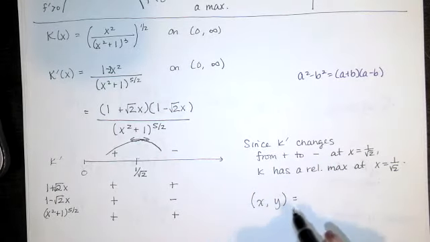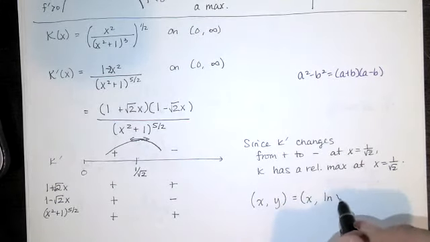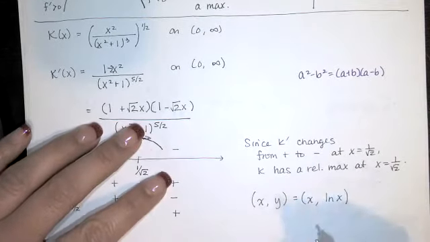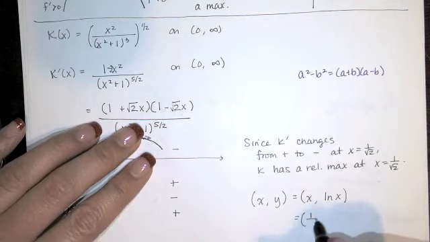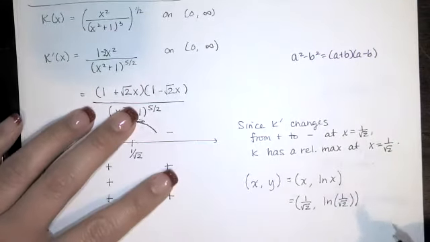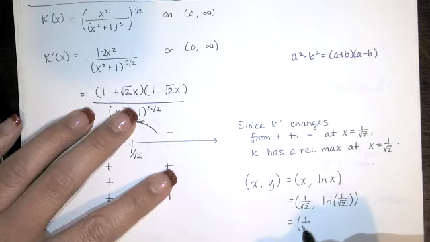I want to know what location that is on the curve given by y equals natural log of x. So I just replace x with 1 over square root of 2. That's one way we could write it. You can just enter that, that's fine.